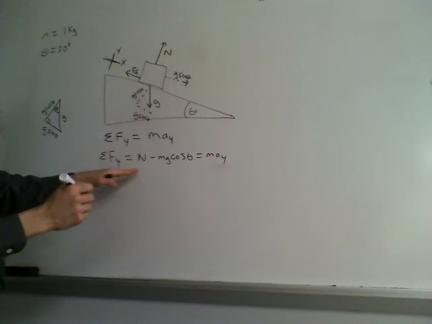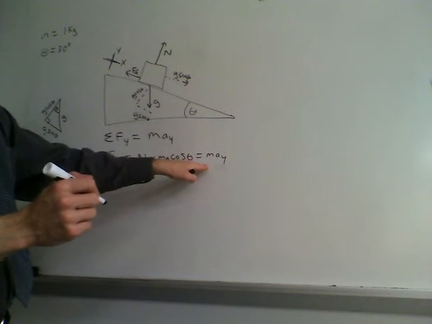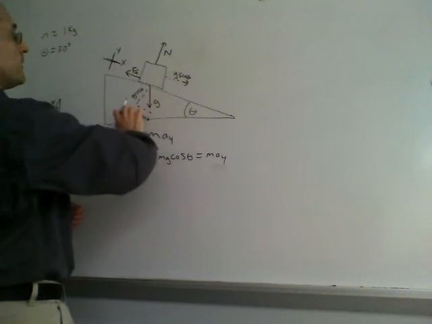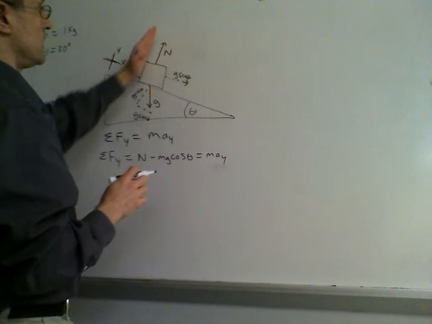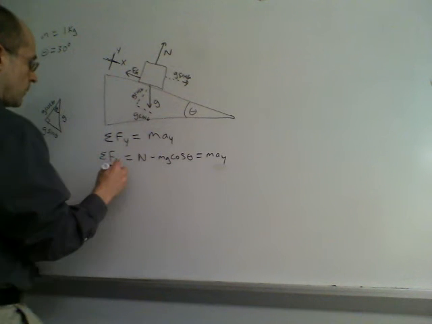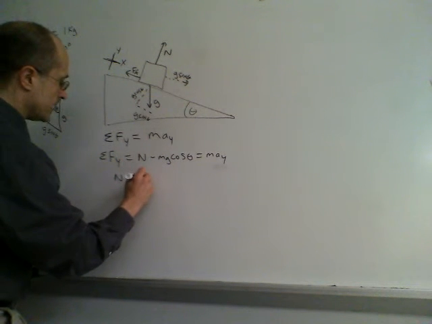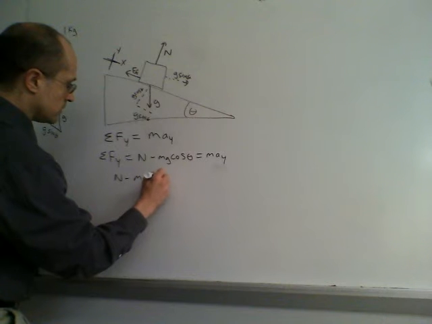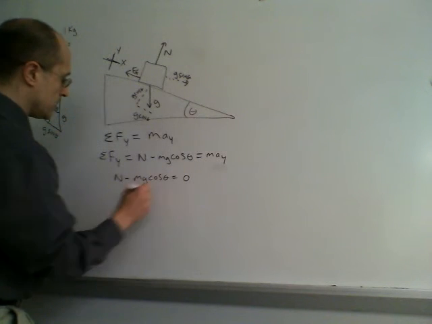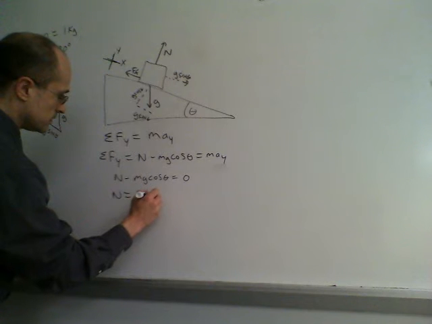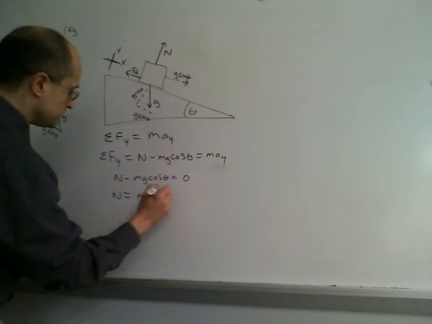So we have N minus mg cosine theta equals m a_y. We'll say that a_y is 0 because our block is not accelerating in the y direction. So N minus mg cosine theta equals 0, or the normal is equal to mg cosine theta.